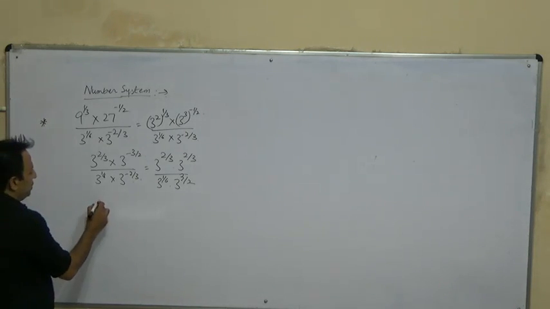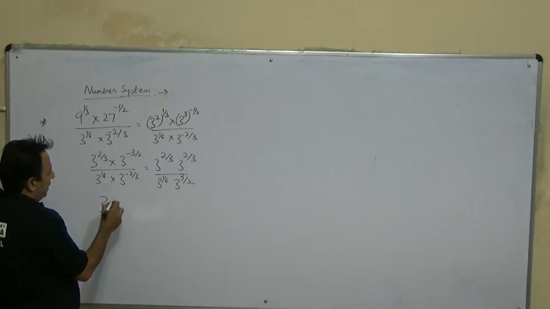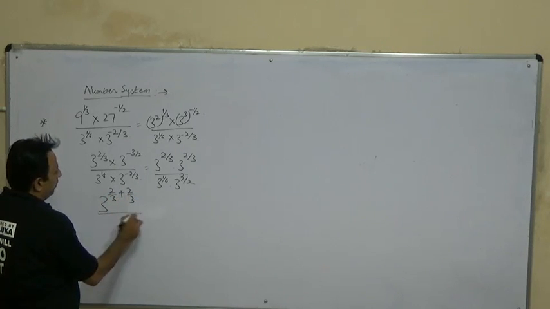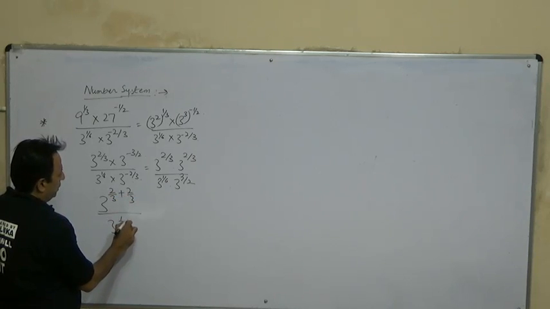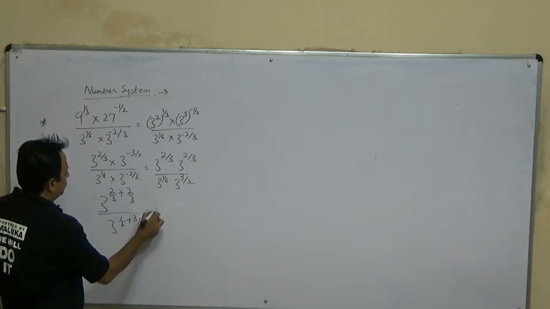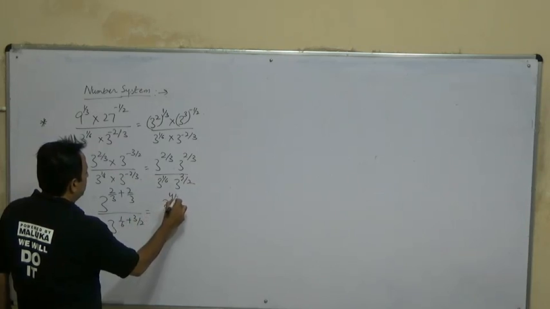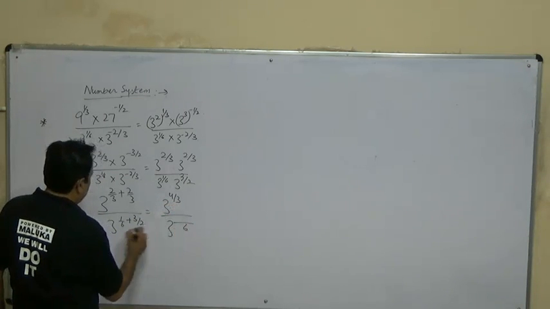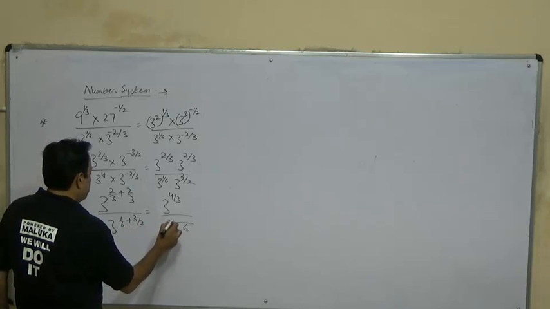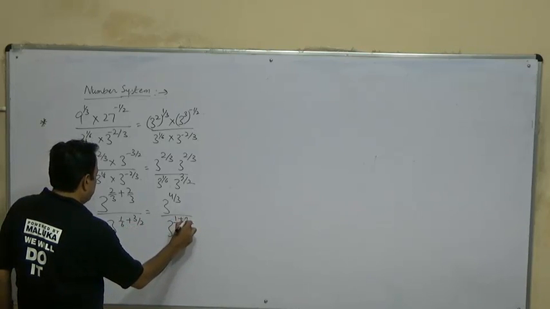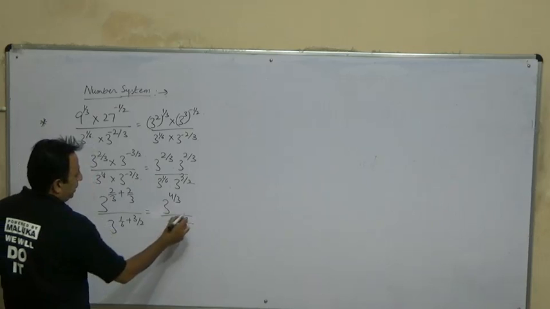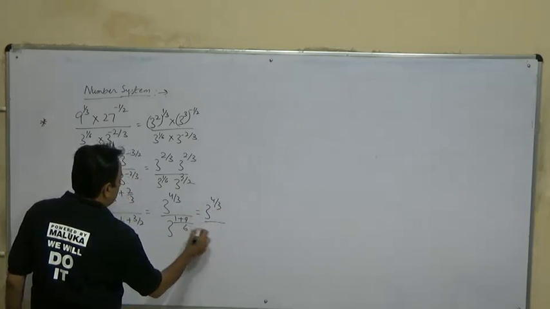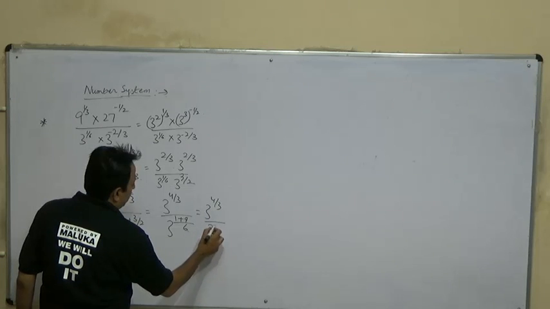So now we can add the exponents in the numerator and also in the denominator. So this is 3 raised to power 4 by 3, and here it will be 3 raised to power, this is 6. So this will be 1 plus 9. So this will be 3 raised to power 4 by 3 upon 3 raised to power 10 by 6.